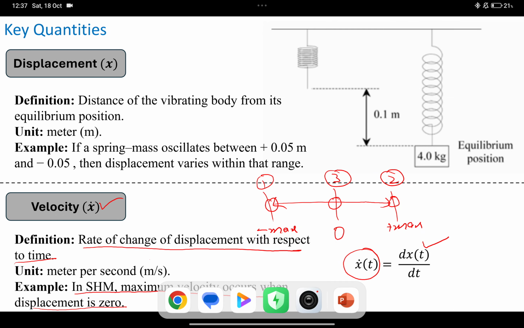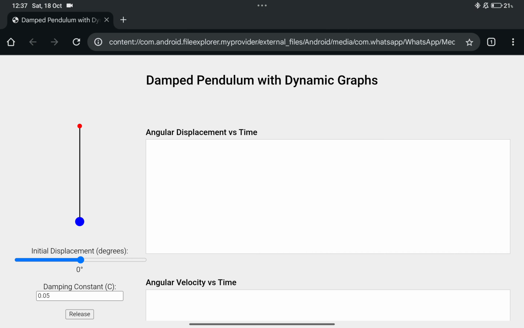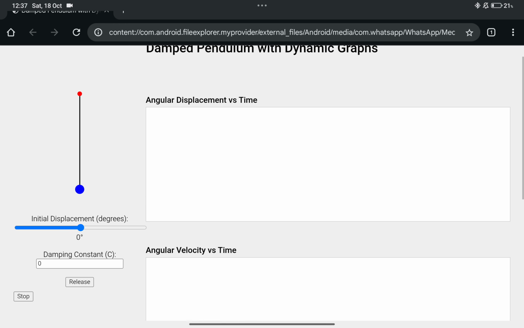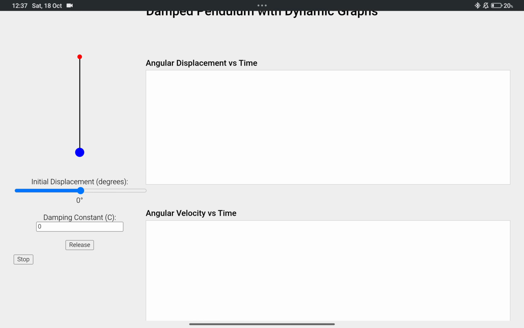However, I would like to show you this basic simple harmonic motion pendulum. Let me make the damping constant 0, so it is not having damping. We will go into detail of damping later on. In this case the displacement is angular, so the angle is changing.